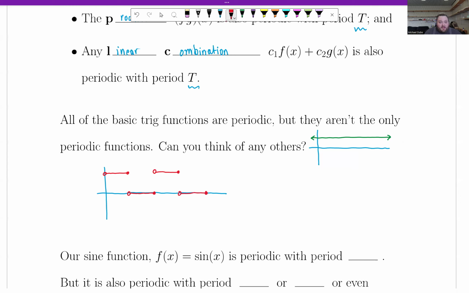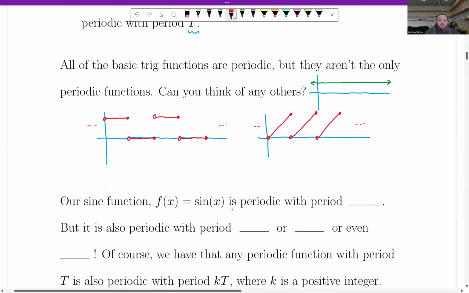This would be periodic if we extend in either direction. And let's draw one more, some function like this, which would also be periodic. So it doesn't have to just be a sine or cosine function. We can have some sort of piecewise function that's repeating, but all of our trig functions are themselves periodic.